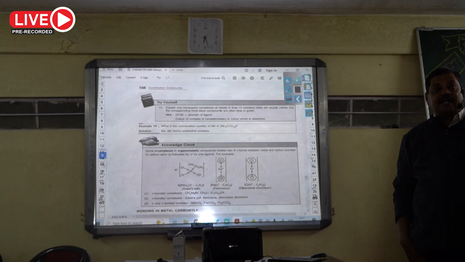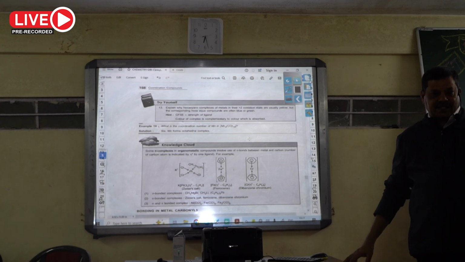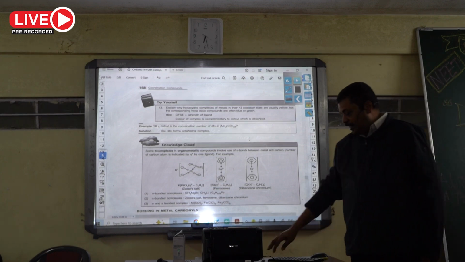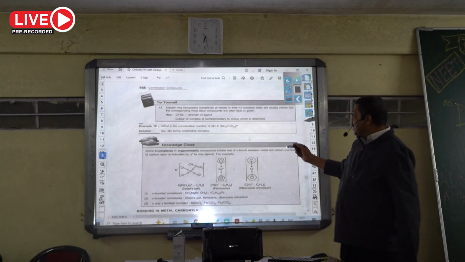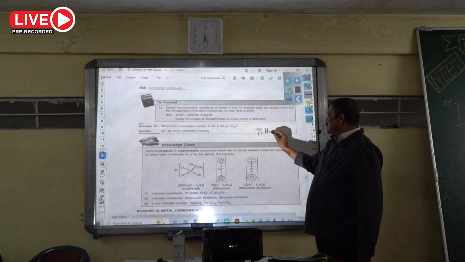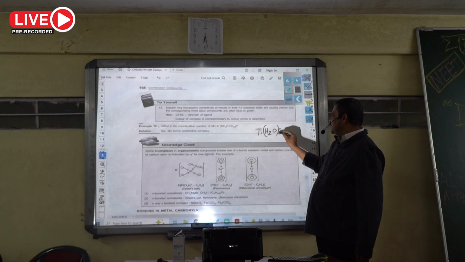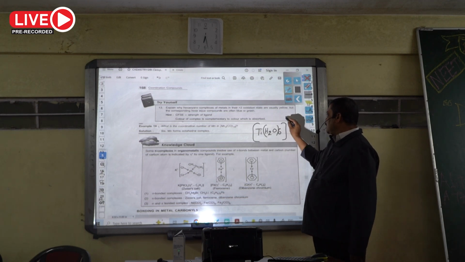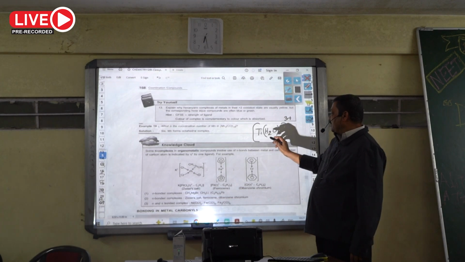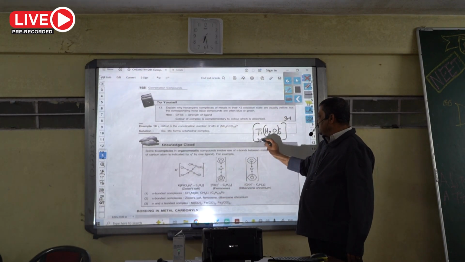I explained already titanium 3+ with the d1 configuration. Titanium 3+ has only one unpaired d electron. When titanium in +3 state is surrounded by 6 water molecules and forms an octahedral complex with a d1 configuration, 3d1.